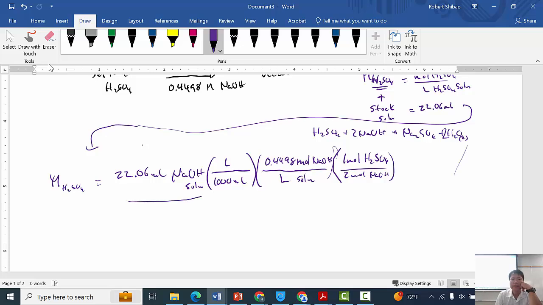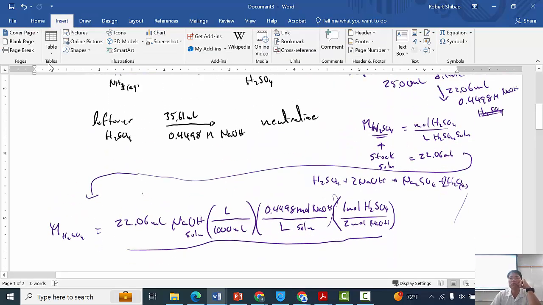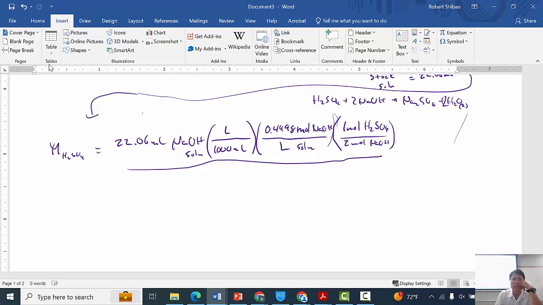And then we divide this by how many milliliters. We had 25.00 milliliters of H2SO4 solution, and then convert that to liters. And this should give us our molarity of the stock solution.